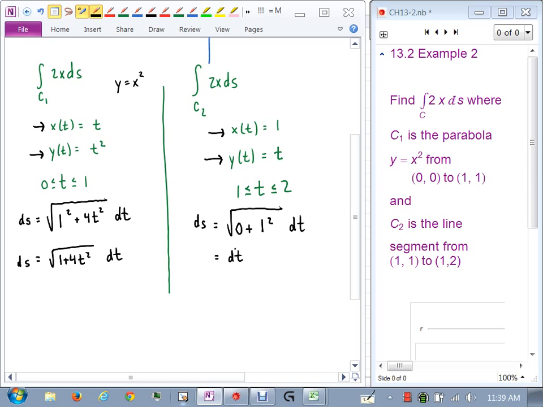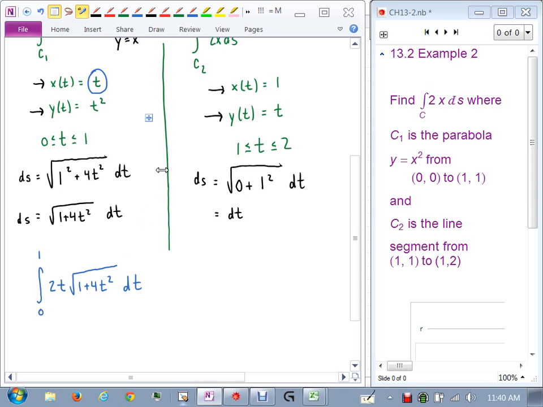And now let's go ahead and set these integrals up. Your first line integral is going to be the integral from where to where? 0 to 1 of 2 times x, 2t, right, because x was t, ds, which is square root of 1 plus 4t squared dt.